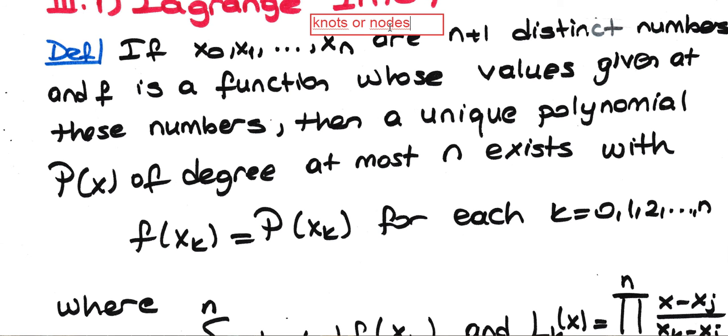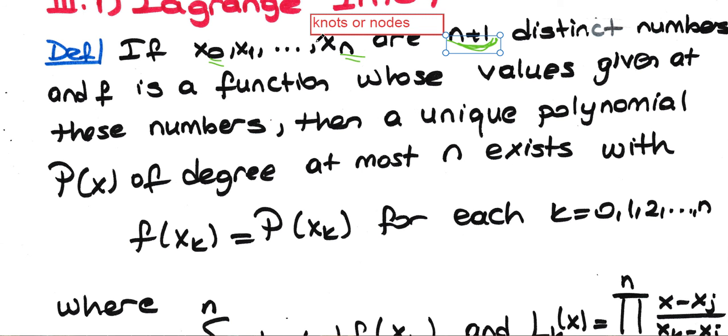When I say nodes, I mean these points. So we are saying n plus 1 distinct points. This point is so important. The number of points is n plus 1 because we are starting with 0 and going up to n, so both of them are included.